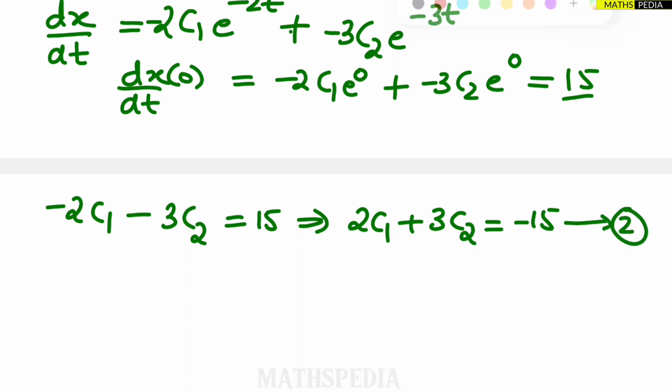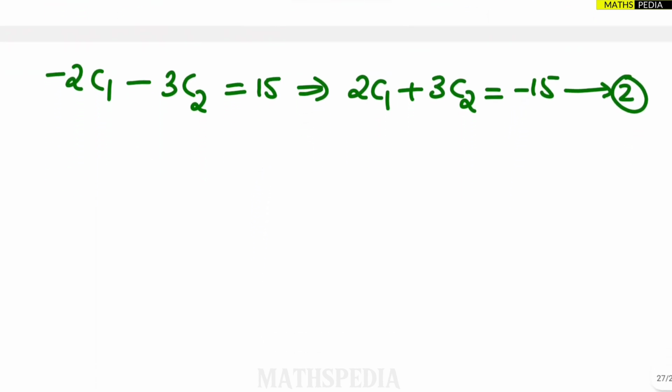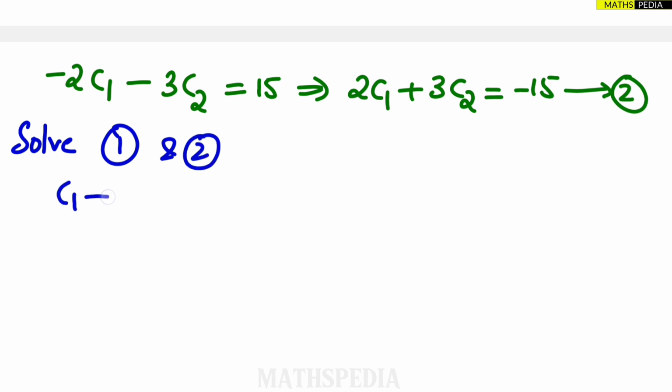So we have got two equations. Now for these two equations we are going to find the c1 and c2 values, and after that we are going to substitute. So we solve the first and second equations. The first equation is c1 plus c2 equal to 0. The second equation is 2c1 plus 3c2 is equal to minus 15.